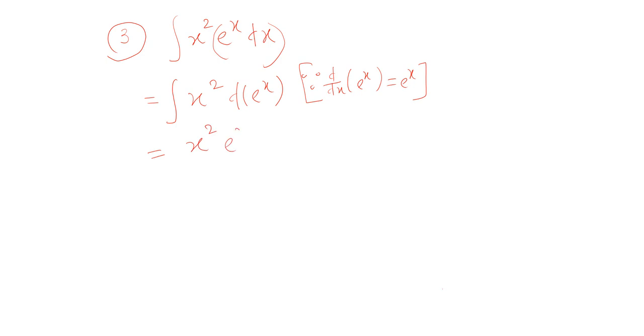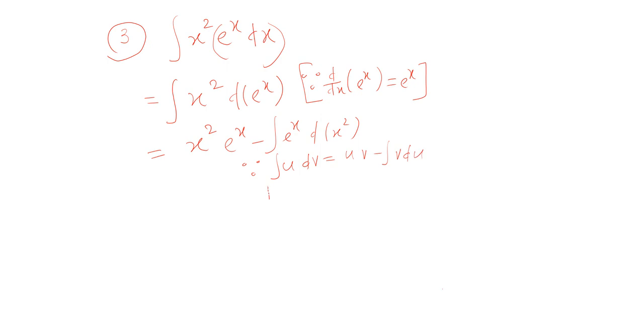I'll get x square e power x minus integral e power x into d of x square. Let me write the reason over here: since integral u dv is equal to uv minus integral v du.